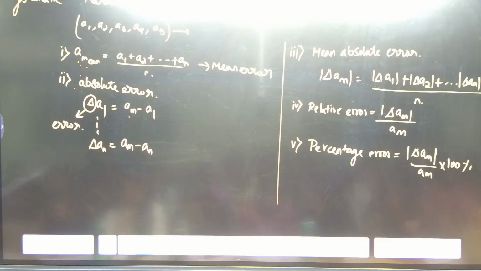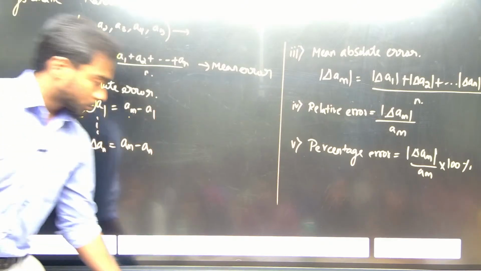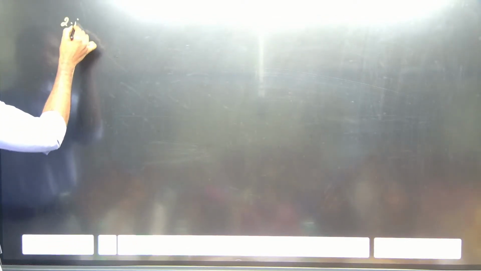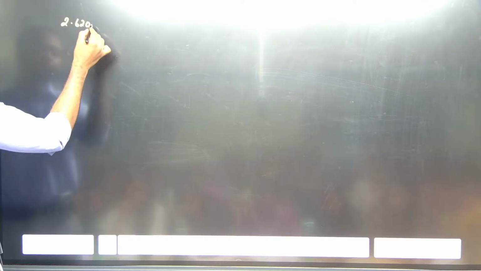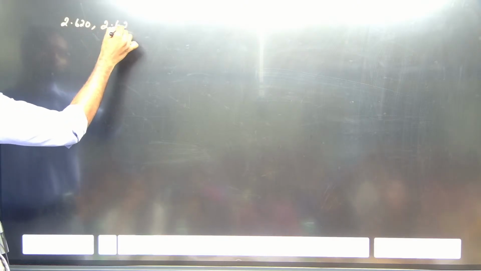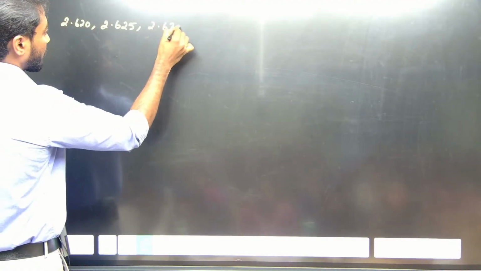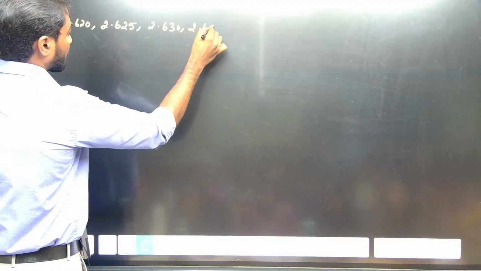Okay. So how many values have they given? 5 values. If they have given 5 values, I need to find the proper value, like with error. So what I should do, first step, I should take the mean. Wait 1 minute. Can you tell the values now?